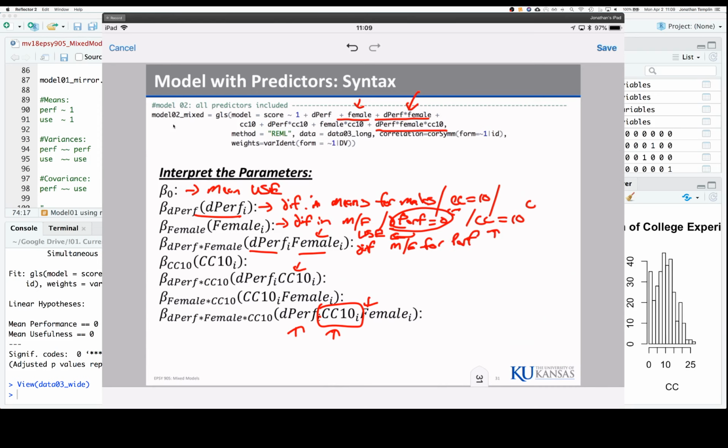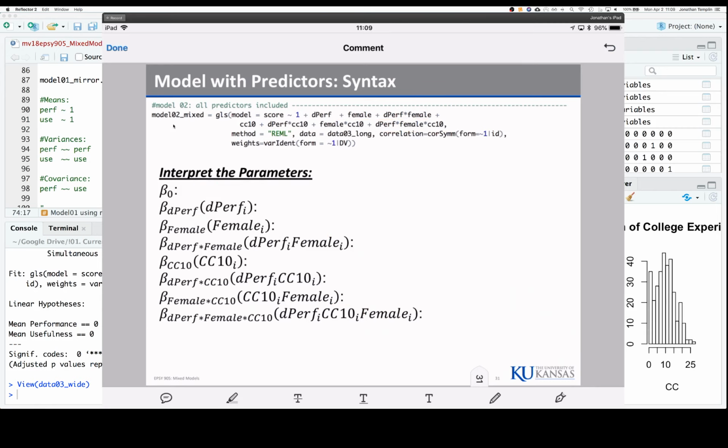It's actually the difference of the difference. It's the difference of male-female for use minus performance for CC10, right? And you're thinking, oh my goodness, what did I get myself into here? That's exactly what I think too. But again, it's something we need to kind of parse through. The next step, well, let's go look at numbers first, and then we'll get into the CC10 as another check on what we just learned.